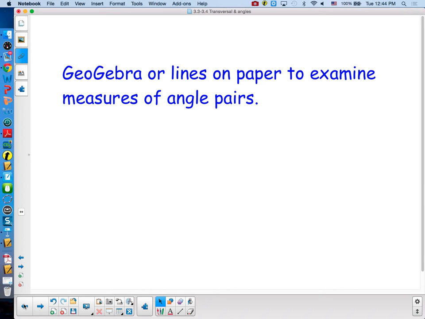Under GeoGebra, it's a combination of geometry and algebra. I want you to go to a created material already.